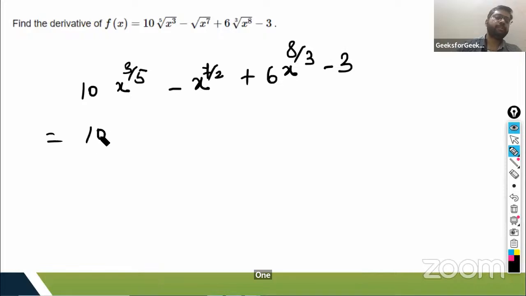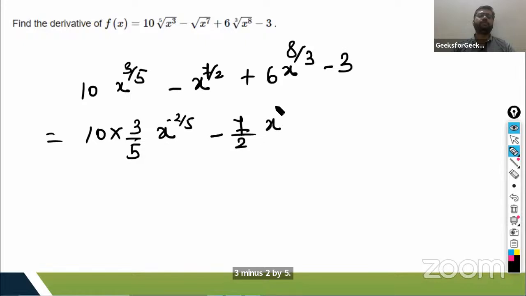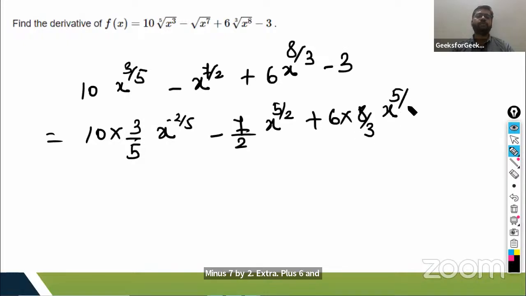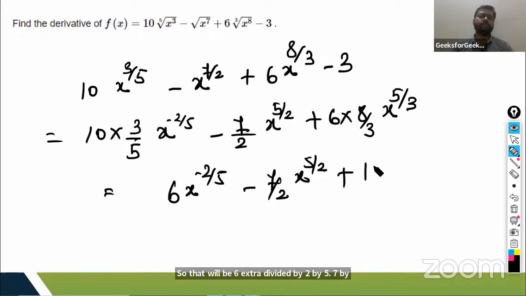If I'm differentiating, this will be 10 into 3 by 5 x to the power 3 by 5 minus 1, that is minus 2 by 5, minus 7 by 2 x to the power 5 by 2, plus 6 into 8 by 3 x to the power 5 by 3. So that will be 6 x to the power minus 2 by 5, minus 7 by 2 x to the power 5 by 2, plus 16 x to the power 5 by 3.